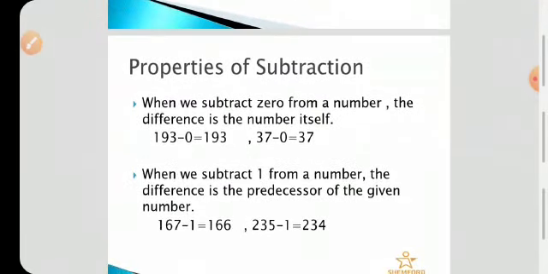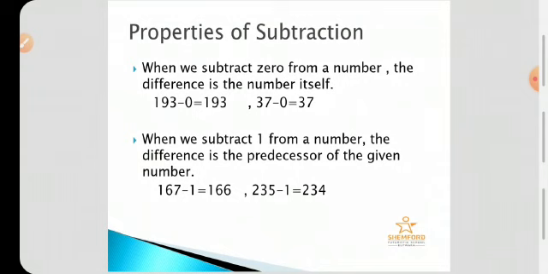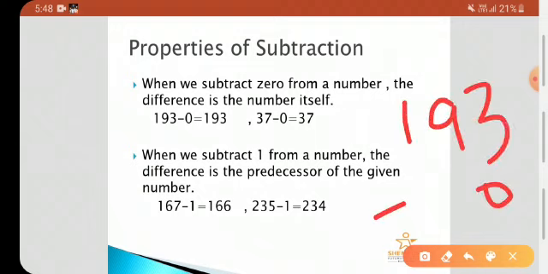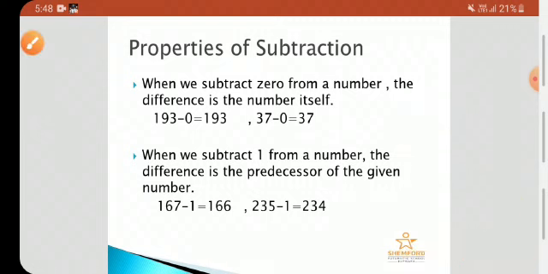Let's move to the properties of subtraction. First one is when we subtract 0 from a number, then the difference is the number itself. Whenever we subtract 0 from any number, the number we will get is the number itself. That means 193 minus 0, the answer will come 193.